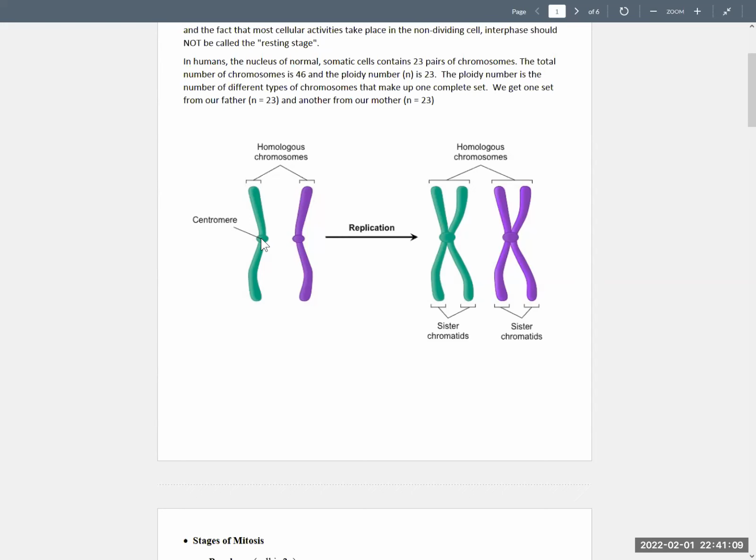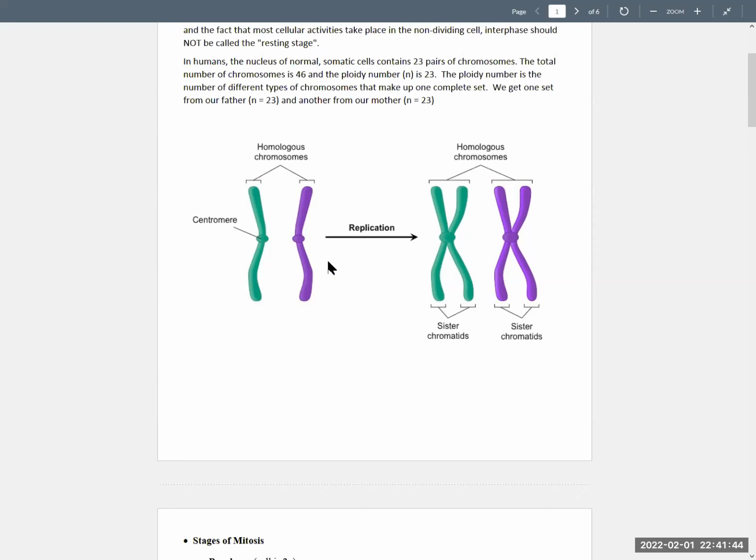Here, the centromere is shown in the middle. It could just as easily be at the end or the other end. It does not move around, however. It stays there. The chromosome from your other parent, let's call this chromosome A. And this is chromosome A from your other parent.